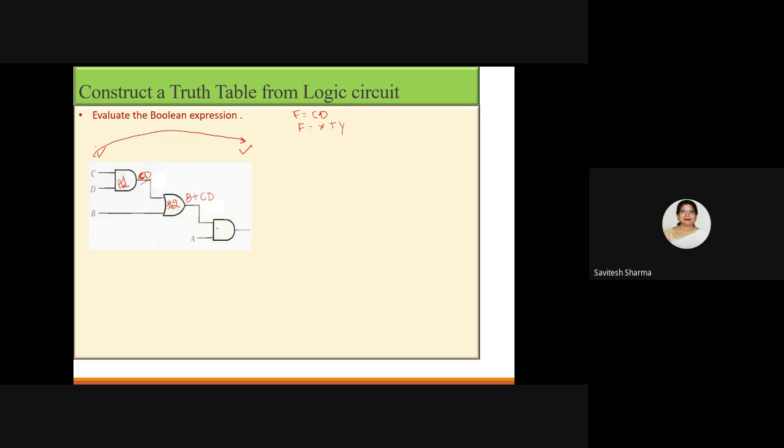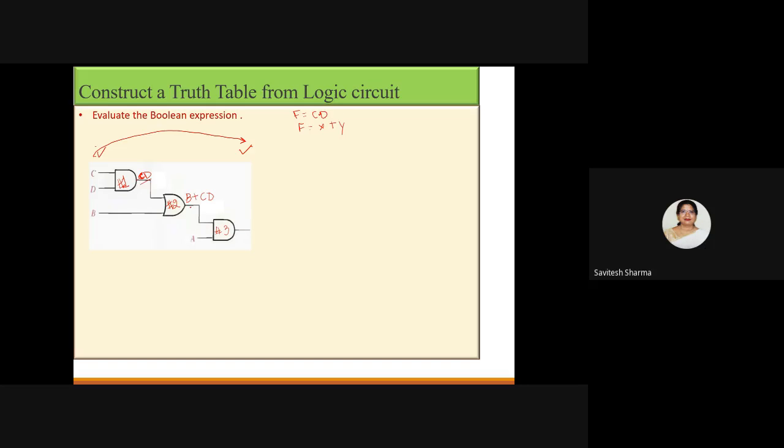Now come to the next gate. I will write this is gate number 3, suppose. Again we see here that the output of this gate 2 is now appearing as an input to the gate 3. This B plus CD is now coming to the gate 3 as an input, and another input is A. And the operation for the AND gate I already know, it is X dot Y, XY.